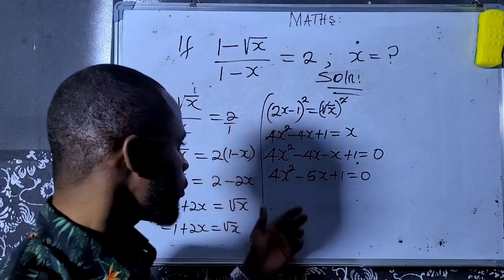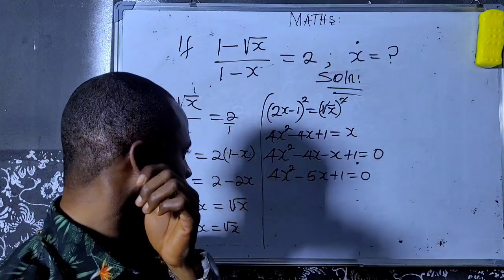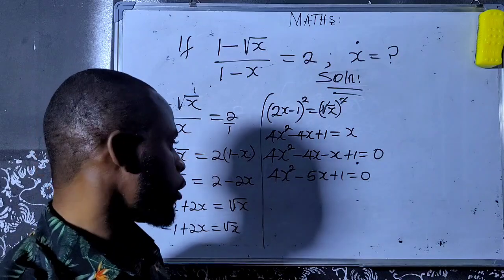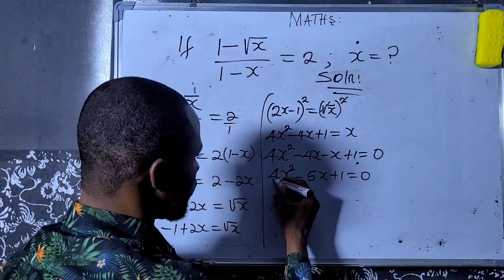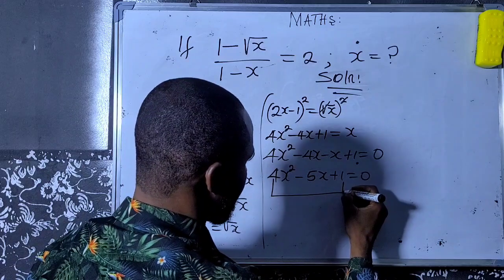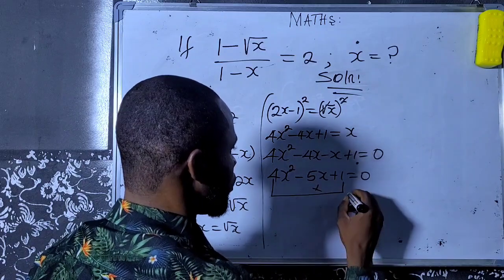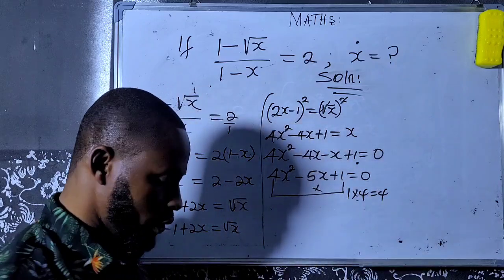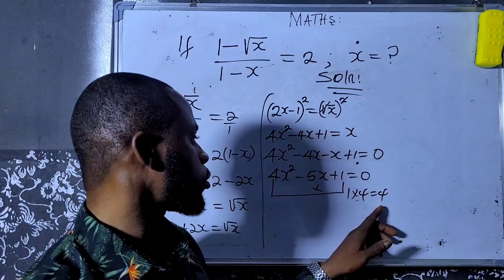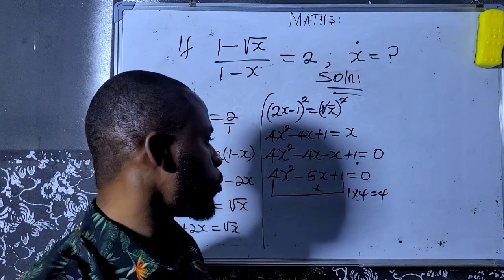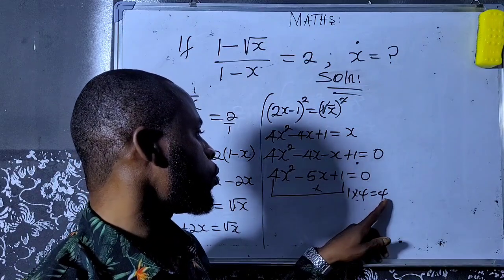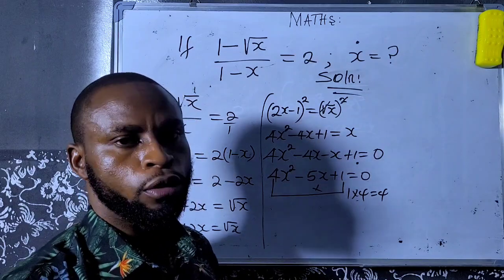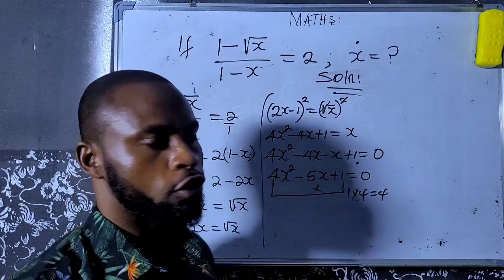Now, we are going to solve this using factorization method, and we are going to apply the shortcut method here. Multiply the leading coefficient by the constant, 1 multiplied by 4, which equals 4. Then look for two possible factors of 4, so that when multiplied, they give you plus 4, and when added, they give you minus 5.